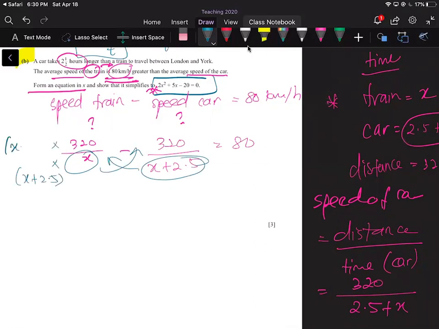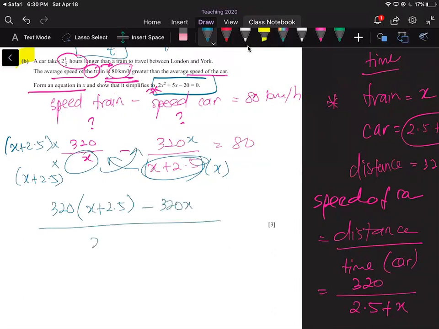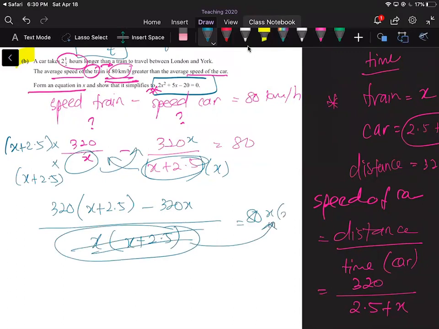Kali sini x plus 2.5. Okay, sini dikali dengan x. Okay, bagi bracket. Sini dikali dengan x. Now what I have is 320 bracket x plus 2.5 minus 320x over x bracket x plus 2.5 equals to 80. So this one you can move kemari jadi kali. Okay, ni hilang ya. X plus 2.5. Solve sampai macam mana usahanya.